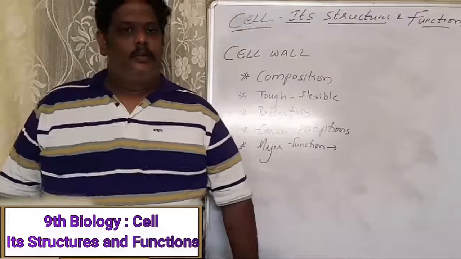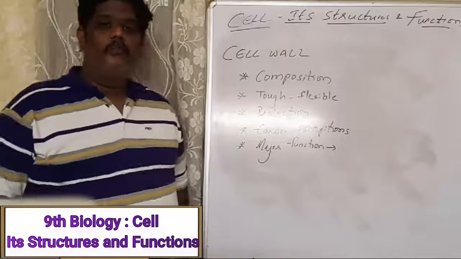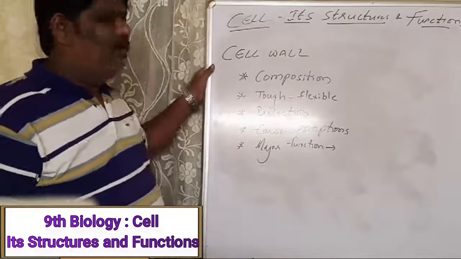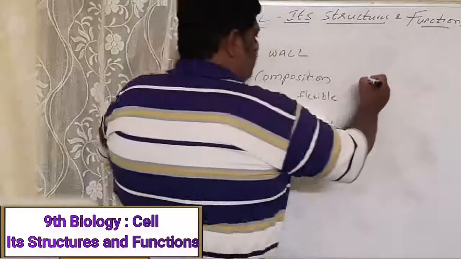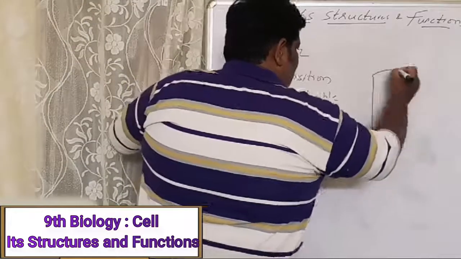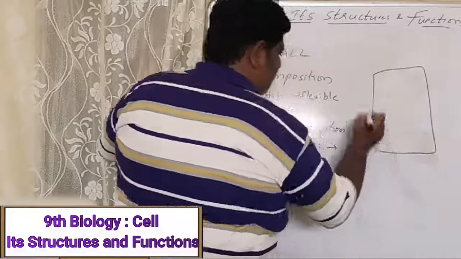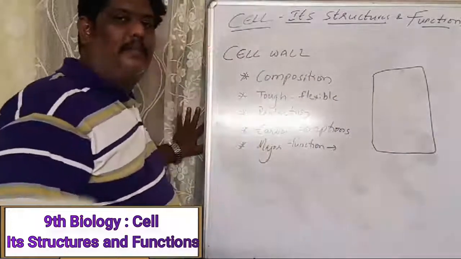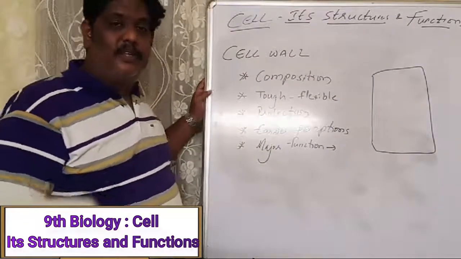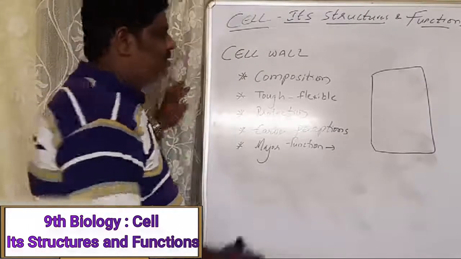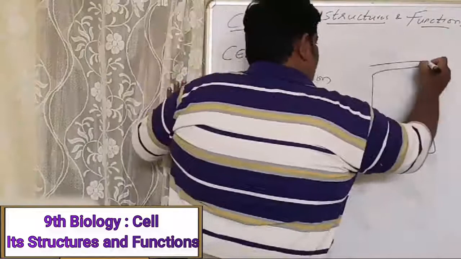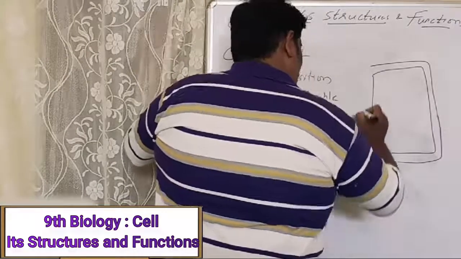And next, okay children, now we will learn about the cell wall. As we have already learned, the plasma membrane is a very common structure present in the animal cell and plant cell. But a unique feature present in the plant cells is that they have the cell wall.